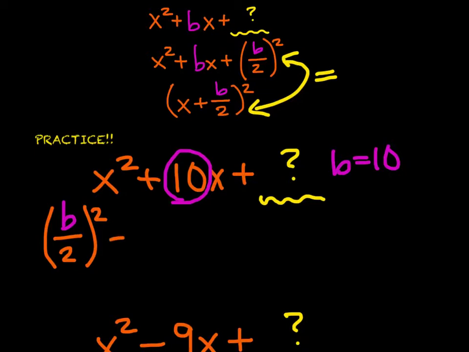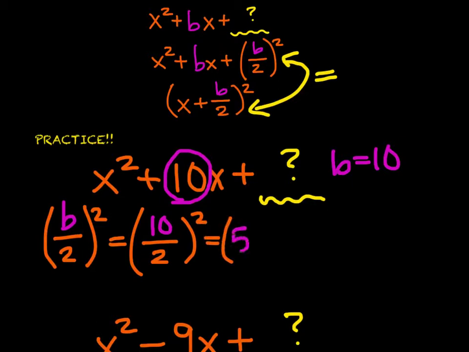Then we put it into this formula, so it's just plug and chug. If 10 is our b, we divide it by 2 and square that. So we get 10 divided by 2, which is 5, and then 5 squared is equal to 25. So at the end of our equation, instead of a question mark, we know it is 25 if it's going to be a perfect square trinomial.